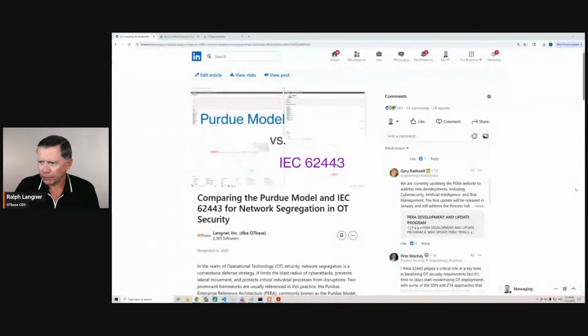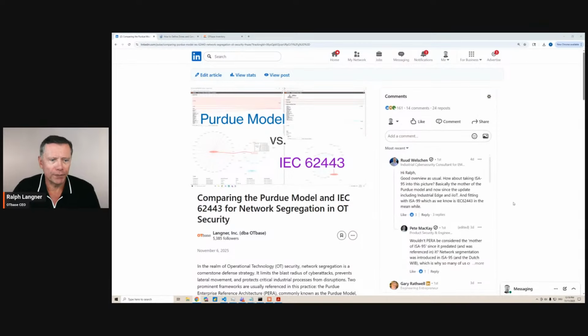because we have a very astute comment here. First comment by Ruth Welschen: Hi, Ralph. How about taking ISA 95 into this picture? Bingo, Ruth, you nailed it. That is the missing piece. That is going to go a long way for defining your zones.